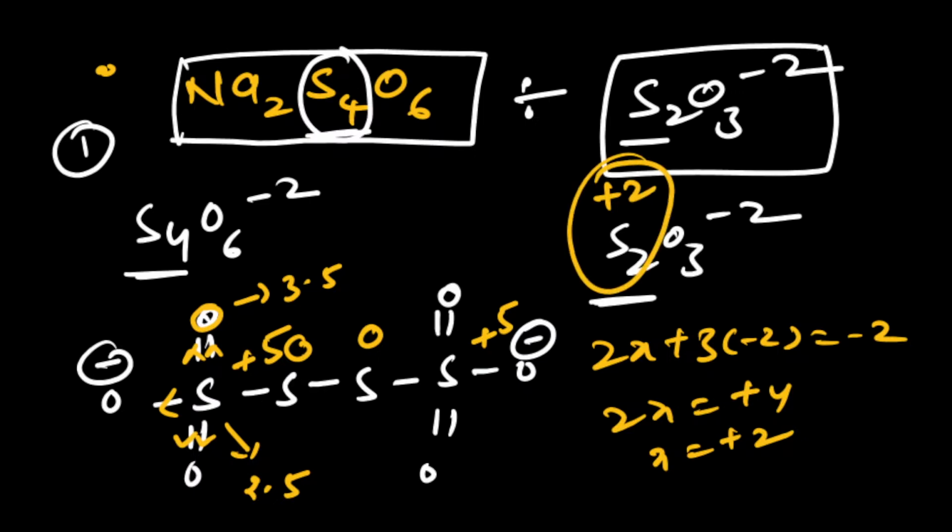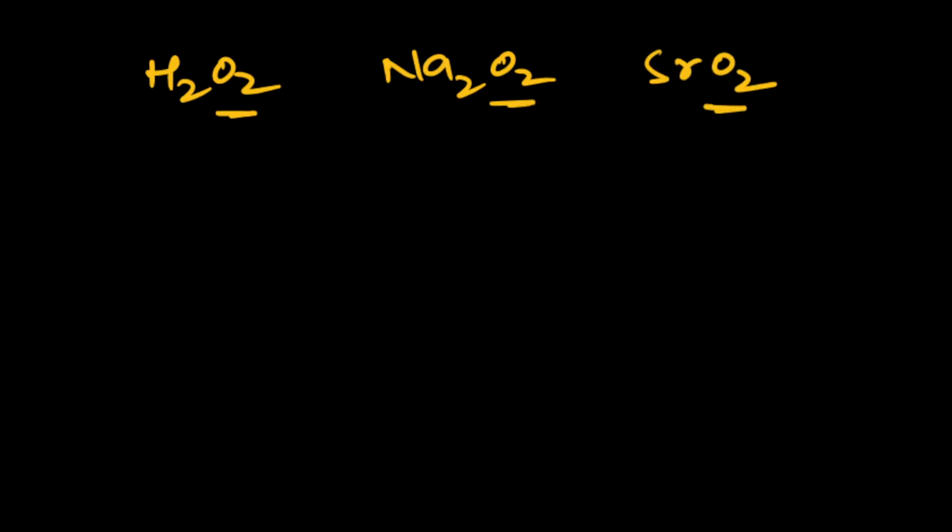Done? Right. Next, and the next is very important. They may ask in your questions to make you confused. Suppose they have given the H2O2 oxygen oxidation number, Na2O2 oxygen oxidation number, strontium peroxide SrO2 oxygen oxidation number, and barium peroxide BaO2 oxygen oxidation number.